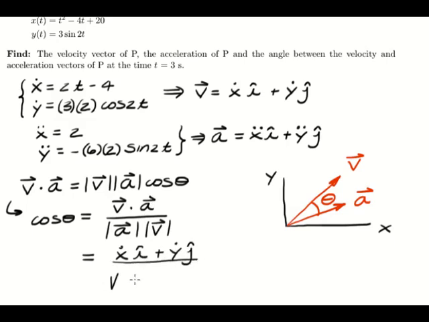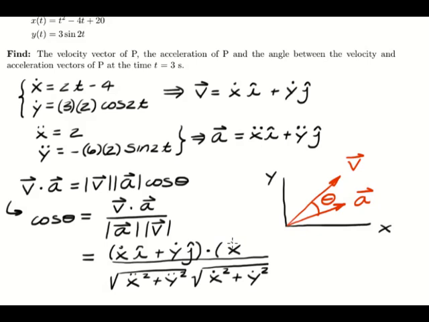Magnitude of a, that's x double dot squared plus y double dot squared, square root. Magnitude of v, that's x dot squared plus y dot squared, take a square root of that. And it looks like I quit too soon there on the top. That's v, and then dot that with a. So that's x double dot i plus y double dot j.